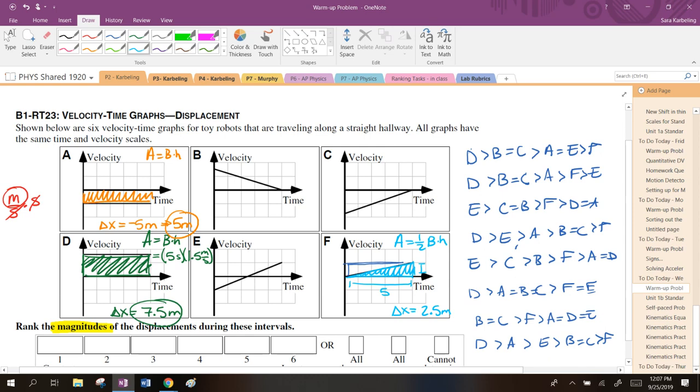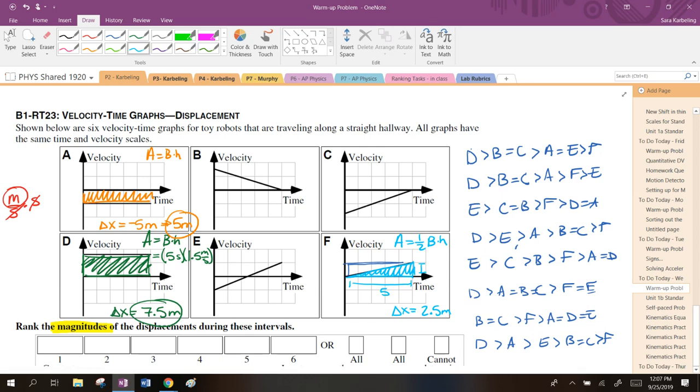So that means that if I had the one on A, let's make it positive just for kicks, and I have the one in F, and they're walking together, they start at the same moment, they start at the same place, which one's going to travel further, A or F? A travels further. It travels twice as far because it starts off going fast.